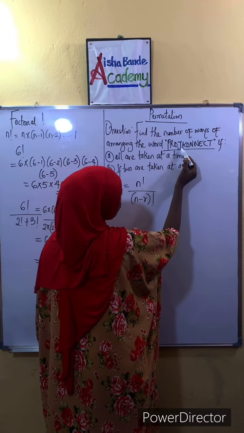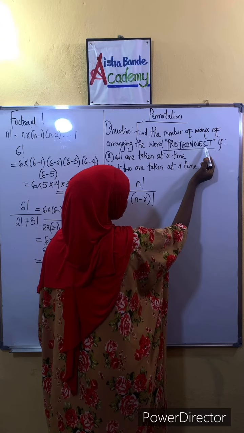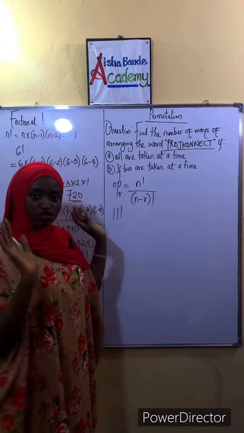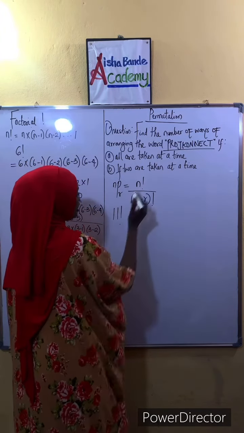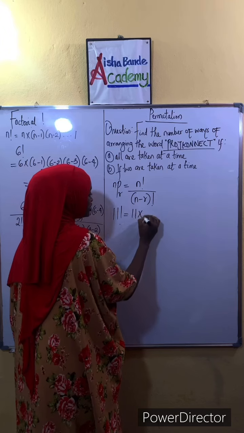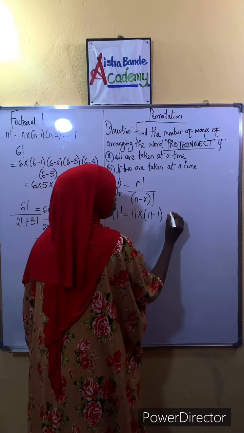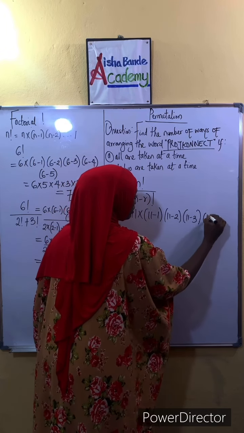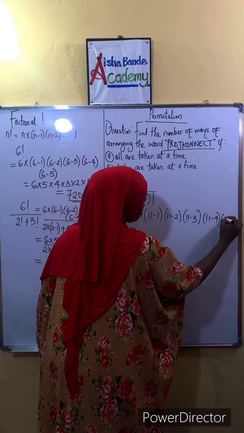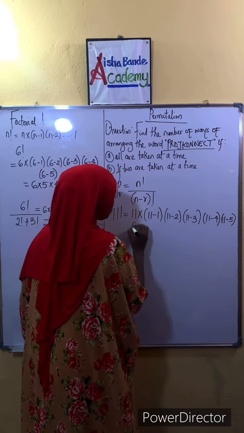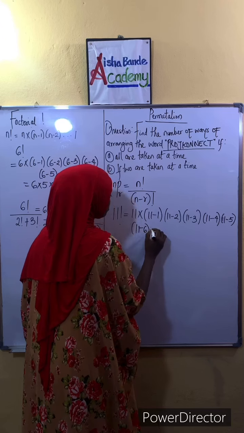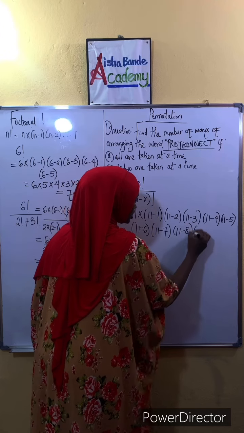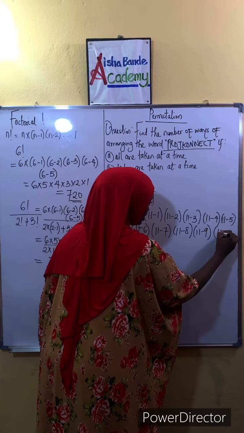This is 1, 2, 3, 4, 5, 6, 7, 8, 9, 10, 11. Since there are 11 letters, so this is just going to be factorial. So it's going to be n factorial, simple as that. Since they are all taken at a time, this is going to be 11 times (11 minus 1), multiplied by (11 minus 2), multiplied by (11 minus 3), multiplied by (11 minus 4), multiplied by (11 minus 5), multiplied by (11 minus 6), multiplied by (11 minus 7), multiplied by (11 minus 8), multiplied by (11 minus 9), multiplied by (11 minus 10).